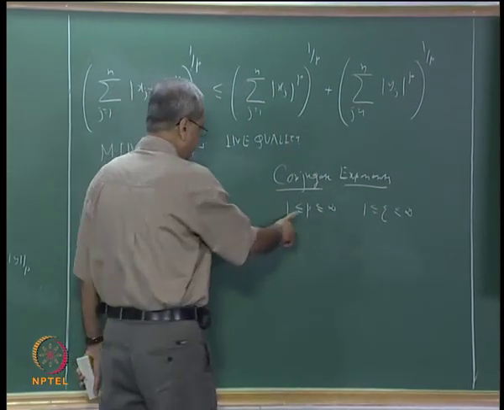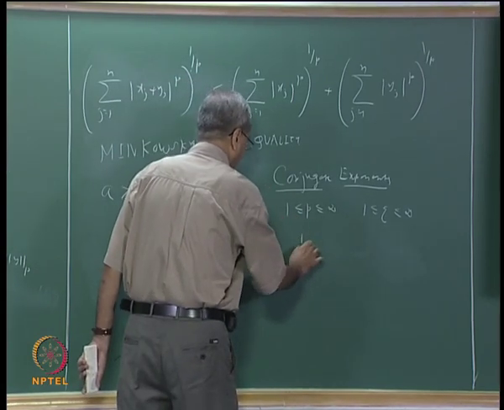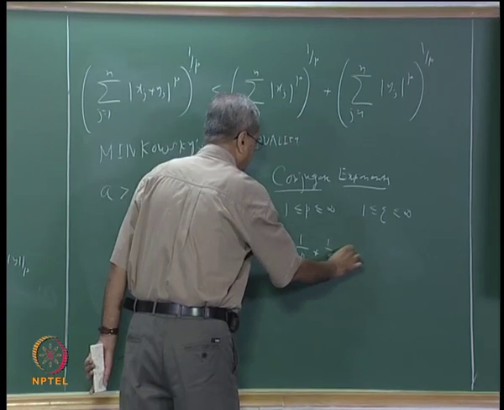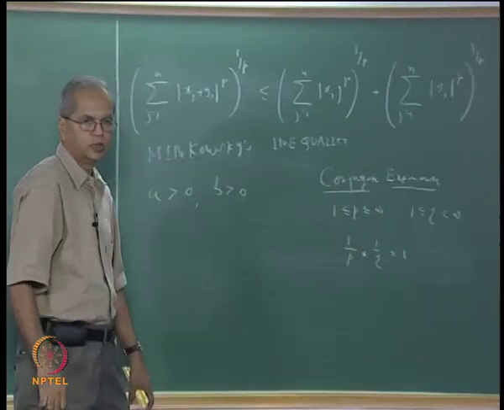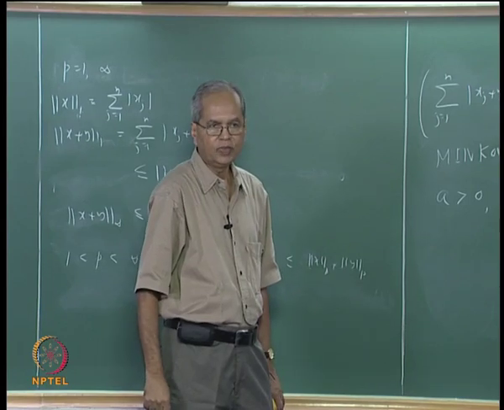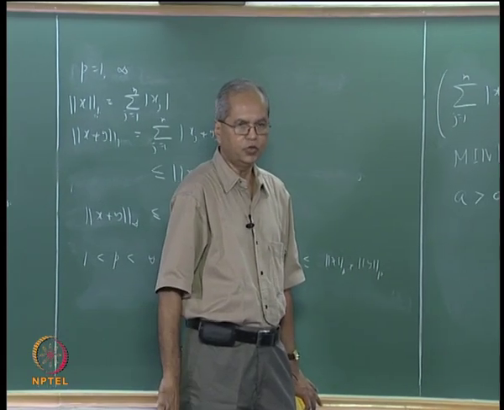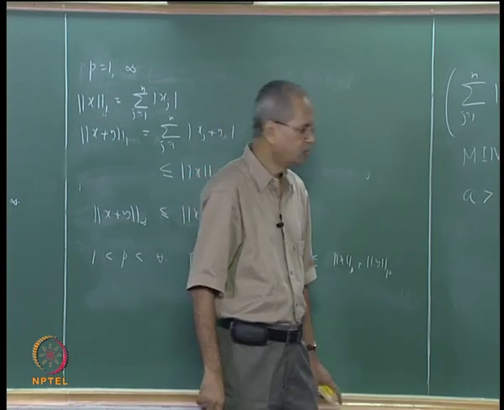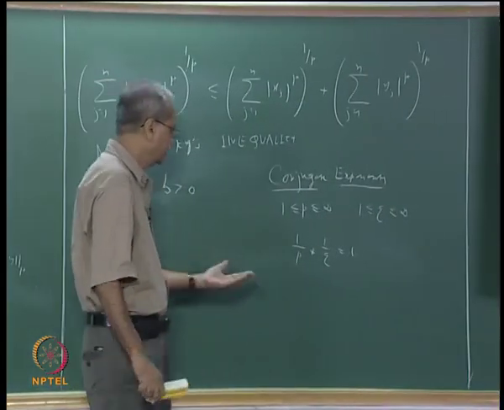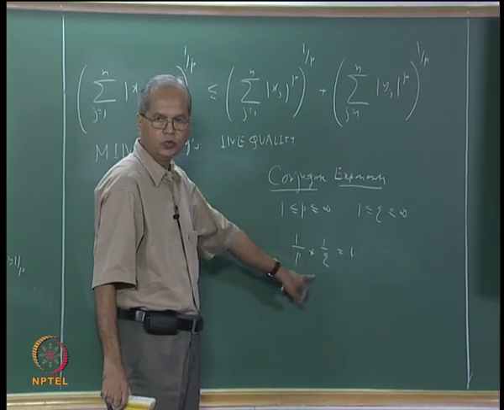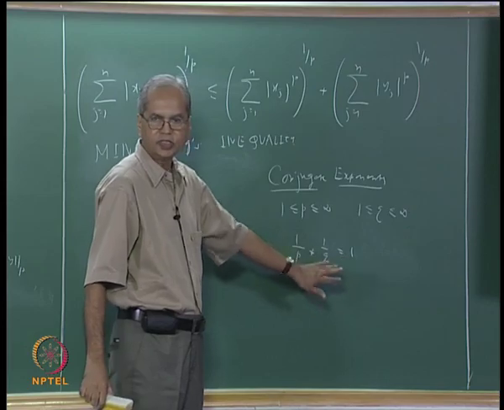And if these two numbers satisfy this property, 1/p plus 1/q is equal to 1, then p and q are called conjugate exponents of each other. Most obvious case is when p and q both are 2, then this is 1, that is the symmetric case.